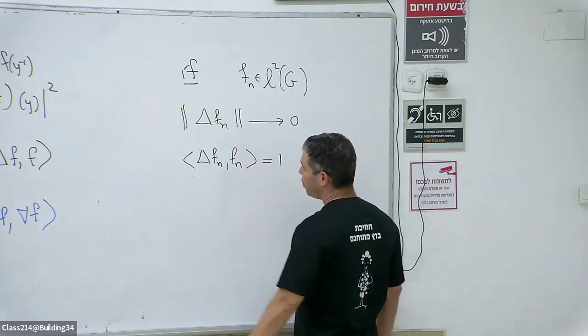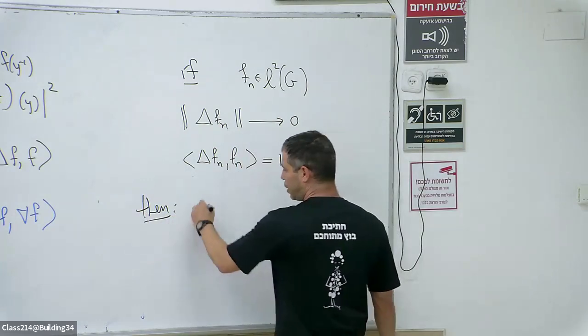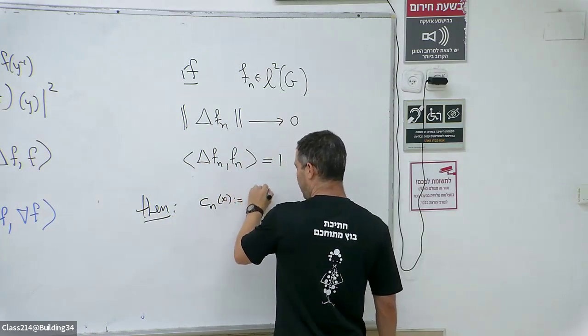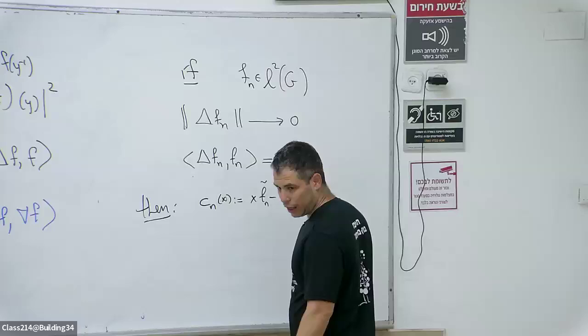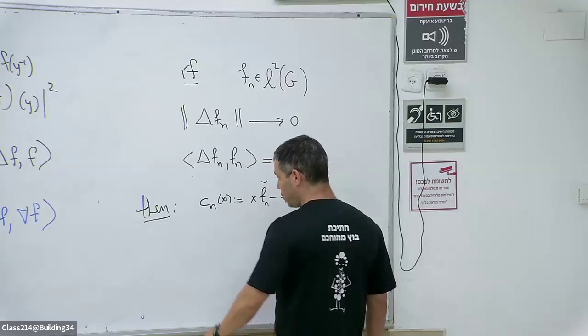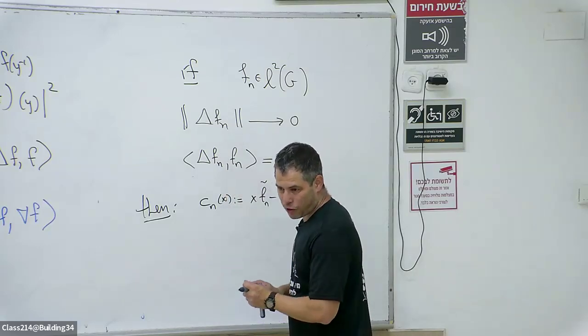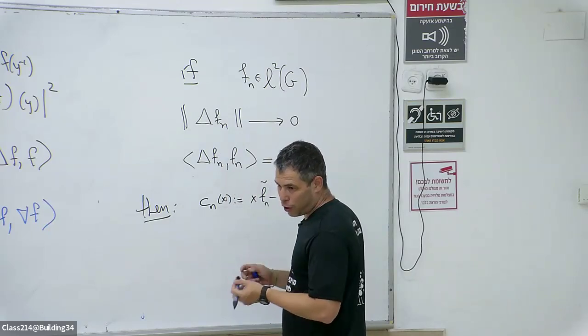Then what do I have? If I define C_n(x) to be x f_n check minus f_n check, then what I get is uniformly Lipschitz cocycles, which are almost harmonic.